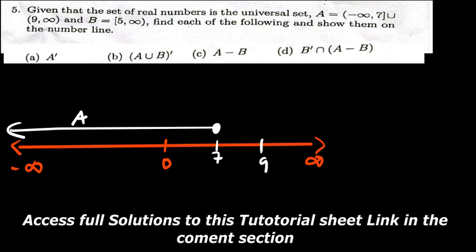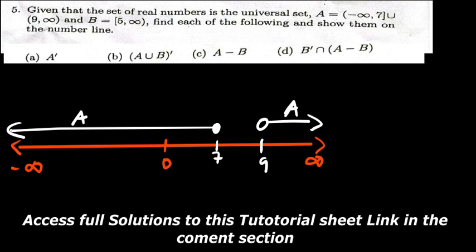What else do we have? The numbers 7 and 9. I'll put 7 here and 9 here. So 7 to negative infinity, 7 is included. That is A. Then again we jump, 9 to positive infinity, not included.